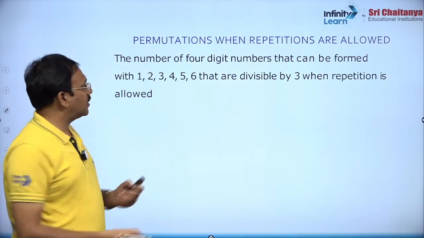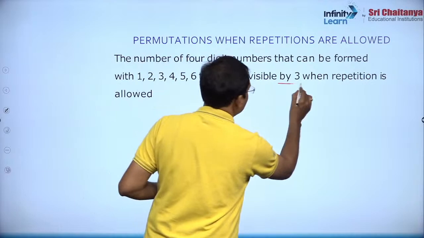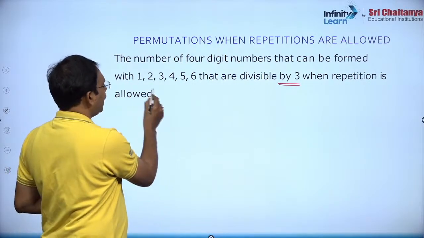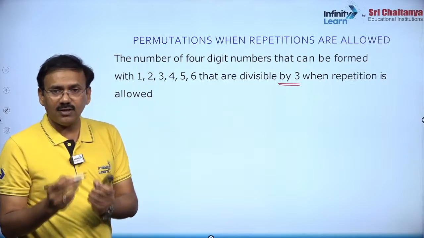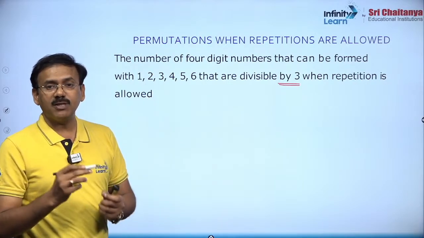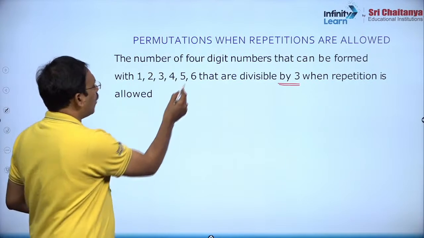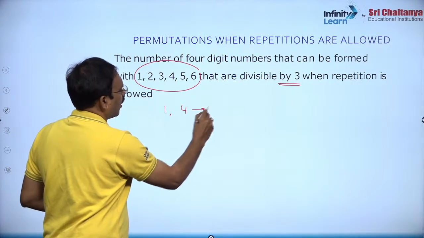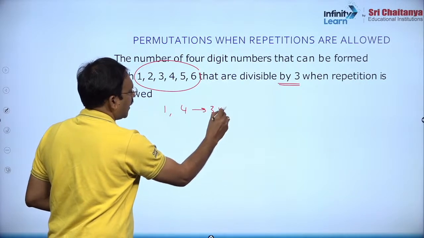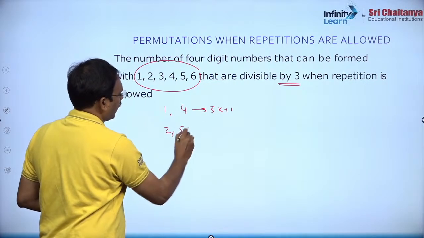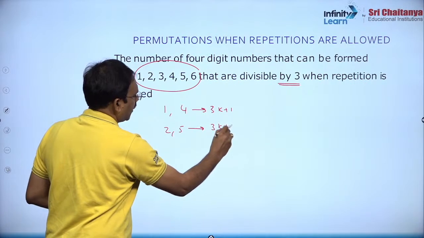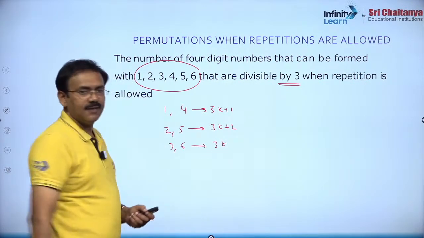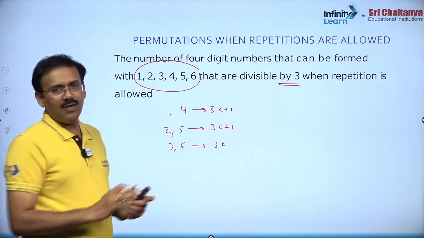Here, divisible by 3: luckily the divisibility rule for 3 is that the sum of the digits must be divisible by 3. Out of the 6 digits, 1 and 4 are of the kind 3k plus 1, 2 and 5 are of the kind 3k plus 2, 3 and 6 are of the kind 3k. So all are equal in number.